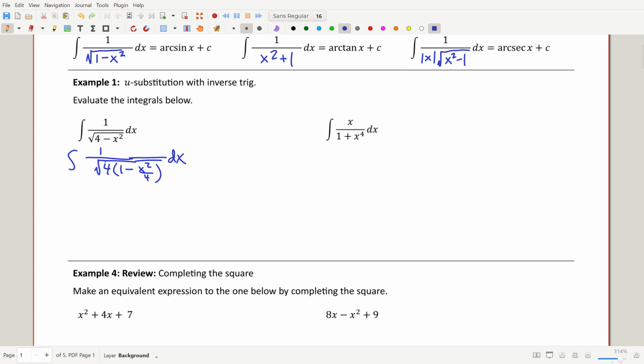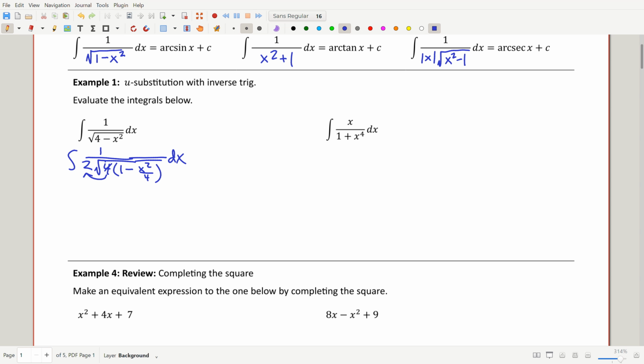So I have written algebraically an integral that is equivalent to the integral that I had to start with. I can always do that. I'm going to pull 4 out of the square root bar. What does 4 come out of the square root bar as? 2. Cool. So now I have the integral of basically 1/2.